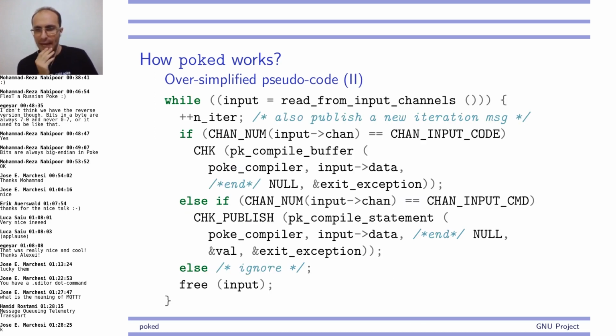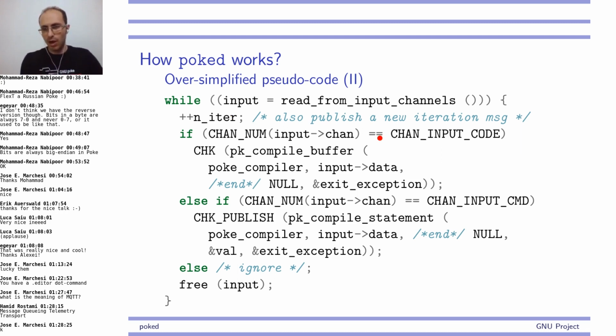So this is the real loop. You see, we read from input channels, and we increase the iteration. We want to somehow notify our clients that a new round of compilation starts. Be ready: what you get from this point on is for this new execution, and it's live because you can have print in your poke code.